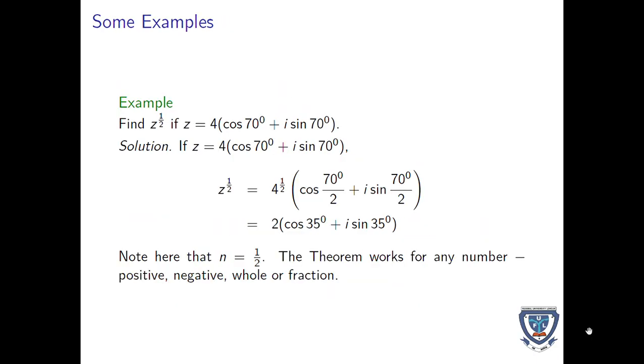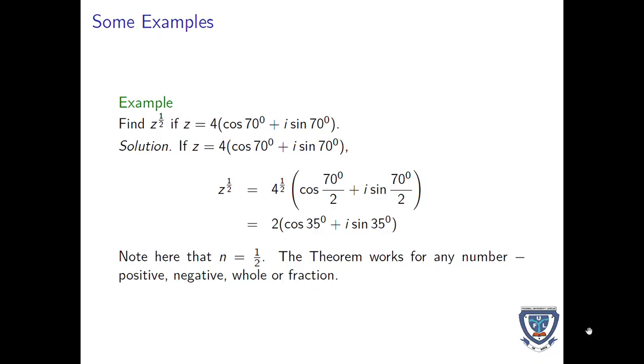Application of De Moivre's theorem. Some examples. Let's find z raised to power 1 over 2 if z is equal to 4(cos 70 degrees plus i sine 70 degrees). Solution. If z is equal to 4(cos 70 degrees plus i sine 70 degrees), then z raised to power 1 over 2, where our n in this case is 1 over 2.